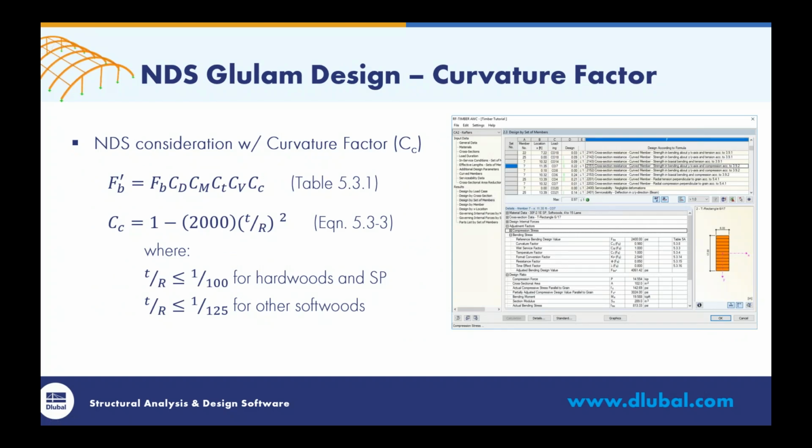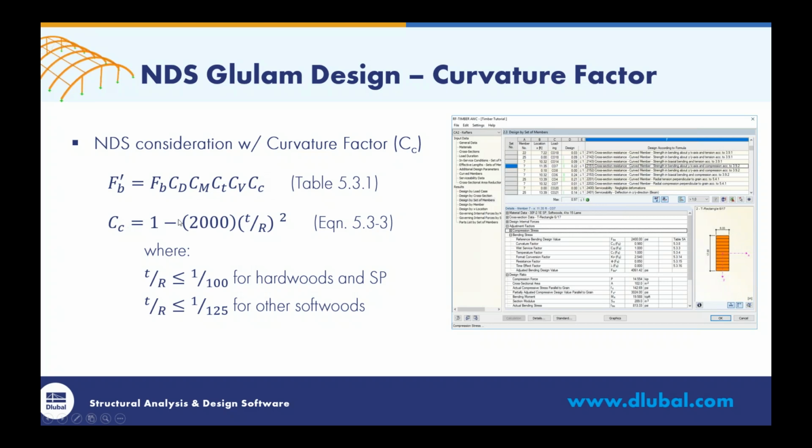Well, the code addresses this with what's called a curvature factor. The curvature factor is denoted within the NDS as C sub C. Within table 5.3.1, we can see the adjusted bending design value equation given, and this utilizes several adjustment factors, with one of them being the curvature factor at the end here.